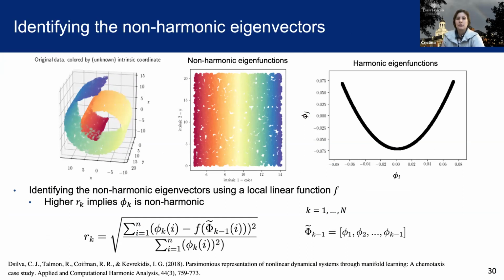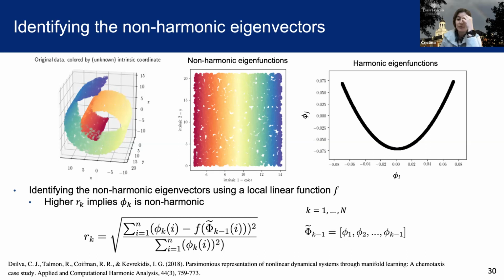As I said, not all the eigenvectors parameterize independent directions. Most span the same direction, but with different frequencies. The eigenvectors that parameterize the same directions are considered harmonics, and the ones that parameterize independent directions are the non-harmonics. So how do we determine these non-harmonic independent directions for diffusion maps?